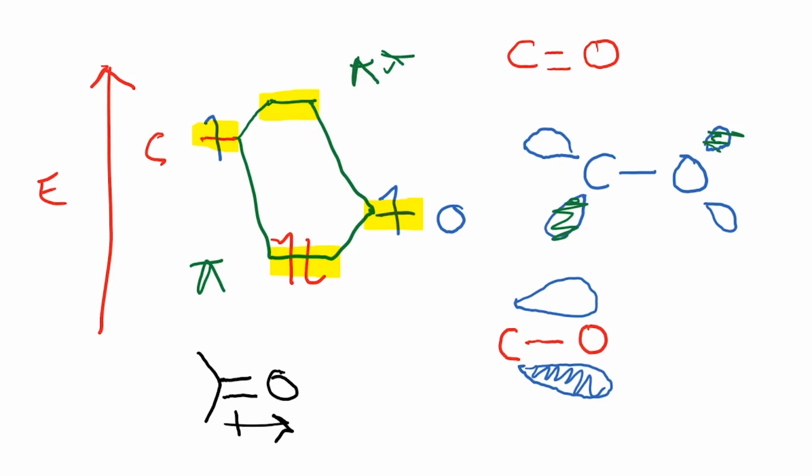So there are two important messages here. The pi star has a greater contribution from carbon, whereas the pi has a greater contribution from oxygen. One meaning of this is that when you want to break the carbon-oxygen bond, you would need to fill in the carbon-oxygen pi star, which is the antibonding orbital, and therefore the more reactive center here would actually be the carbon.